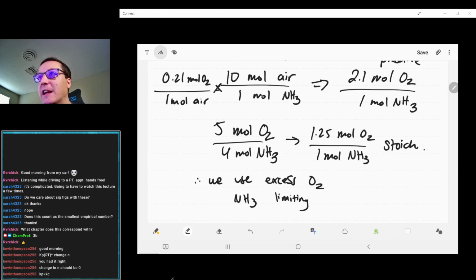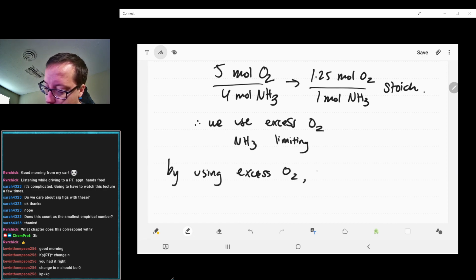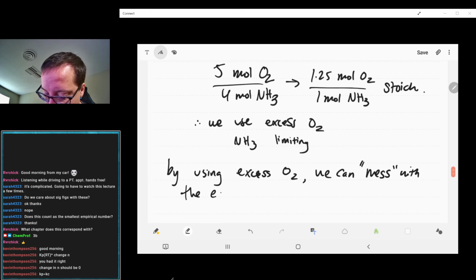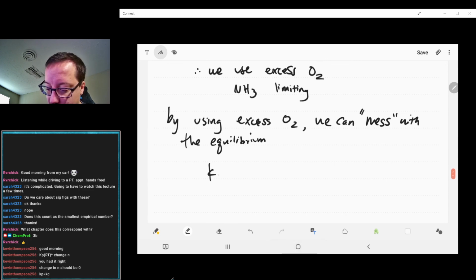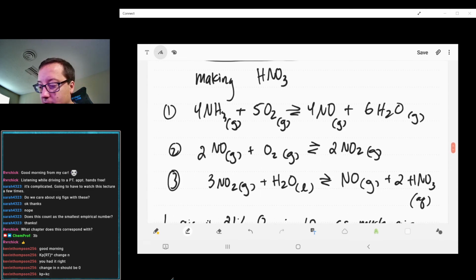And so let's evaluate what's going to happen here as a result of this excess oxygen. By using it, we can mess with the equilibrium. So let's take a look at what Kp would be for this sort of thing, or Kc, it doesn't really matter. If we look at our reaction all the way up here, we're going to have 4 nitric oxides, 6 waters, 4 ammonias, and 5 oxygens.